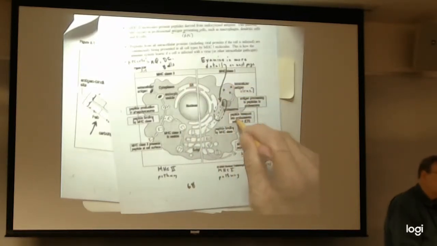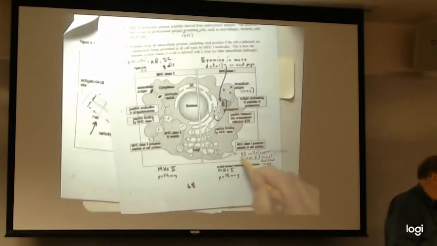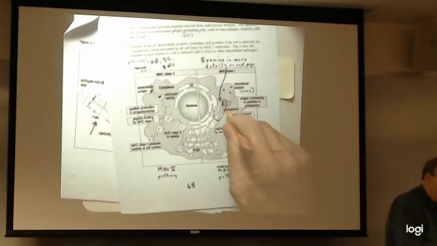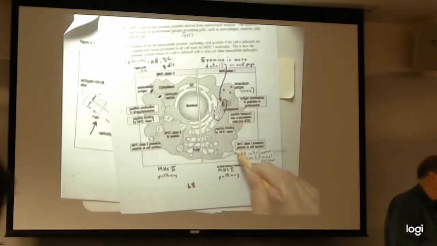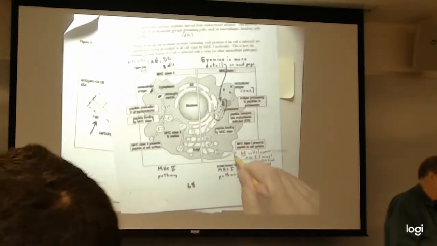But these are self-peptides derived from self-proteins, and the immune system could care less. They don't recognize it. But if you get a virus infection, now we're making viral proteins in the cytoplasm, and viral peptides are being presented together with normal cell peptides by all your class 1 molecules.